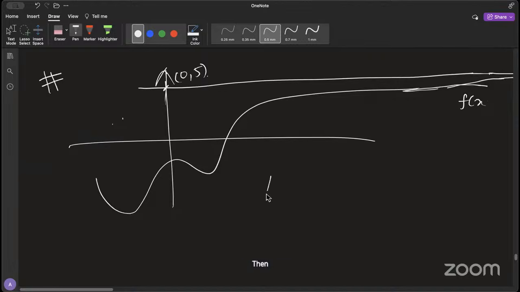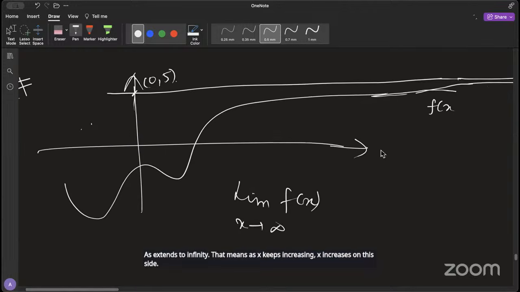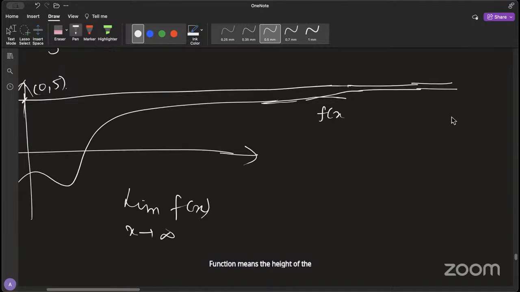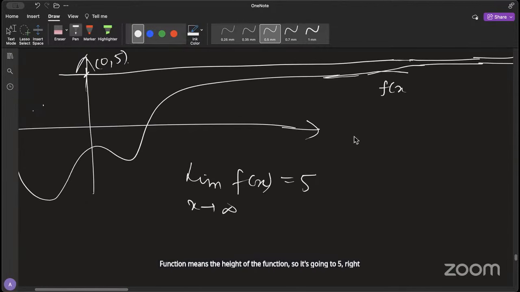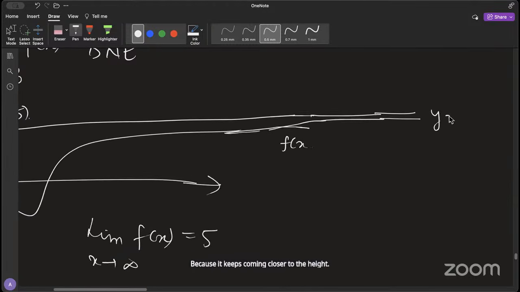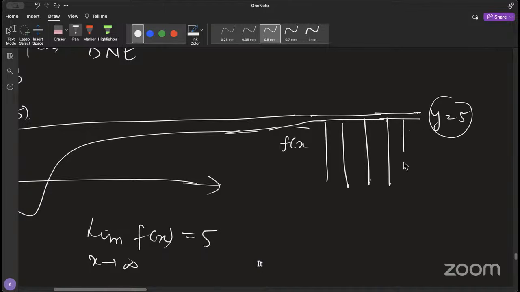Then what's the limit of f(x) as x tends to infinity? That means as x keeps increasing on this side, where does my function go? 5. Function means the height of the function, so it's going to 5, right? Because it keeps coming closer to the height. This line is y equals 5, because your height keeps coming closer to the height of this line. That's why your function is going to 5.